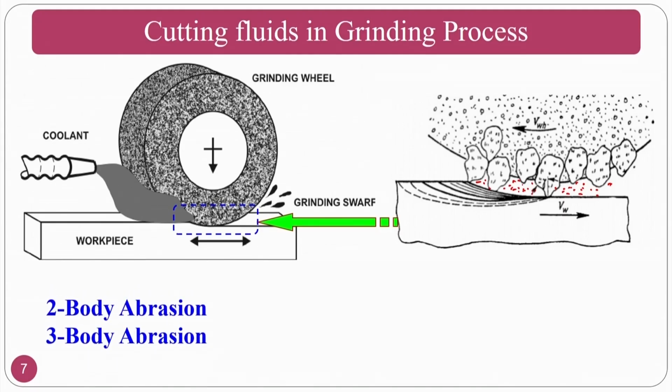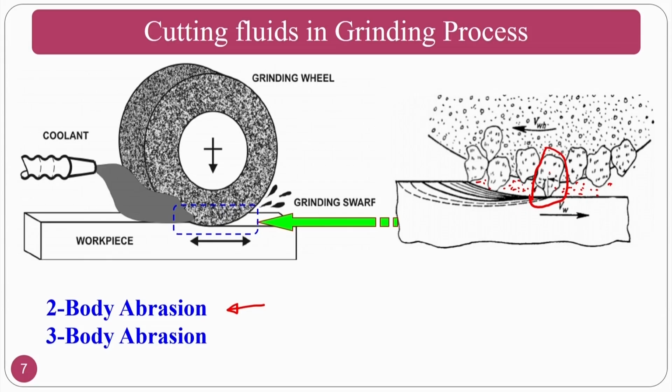Okay. So, there are two types of abrasion. One is a two body abrasion, another one is a three body abrasion. Normally, when you call it a two body abrasion, assume that this particular abrasive particle is fixed and it doesn't have its own axis of rotation, because it is a bonded abrasive particle. It is a bonded abrasive particle which is bound by the binding material of the grinding wheel.